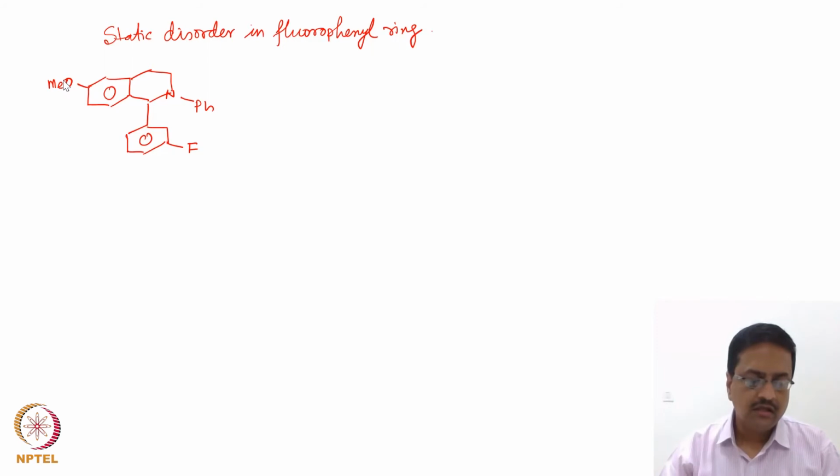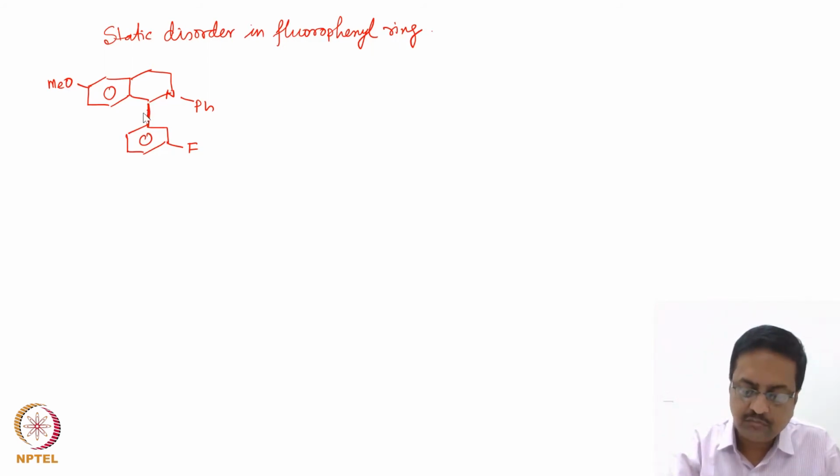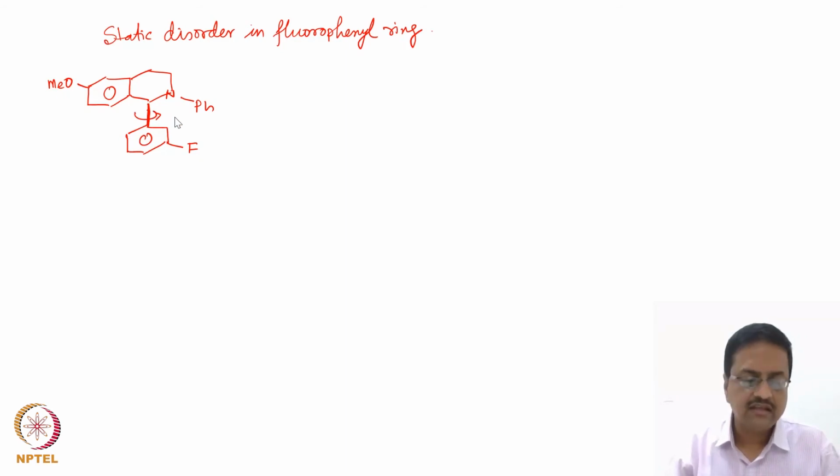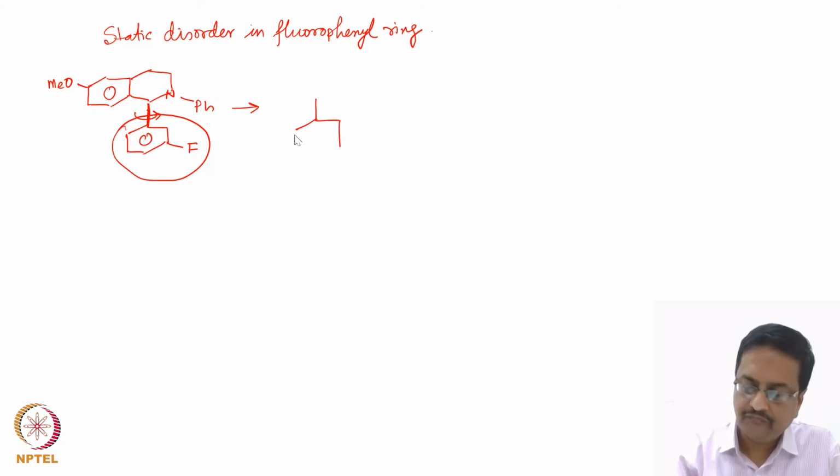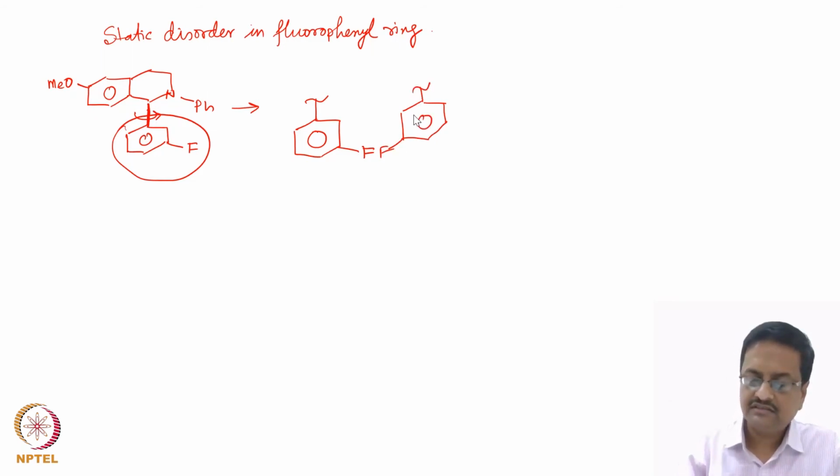What we have observed is that this C-C bond is flexible. As a result, this particular phenyl ring in the structure appears as this, with the molecule connected upwards, and appears as that with the molecule connected upwards. That means the fluorine appears on either side.